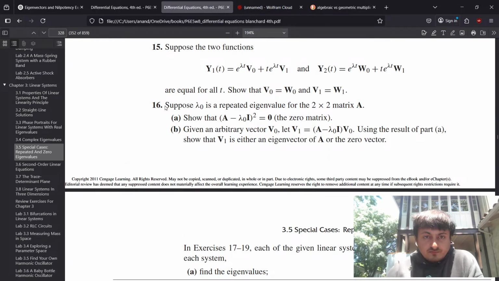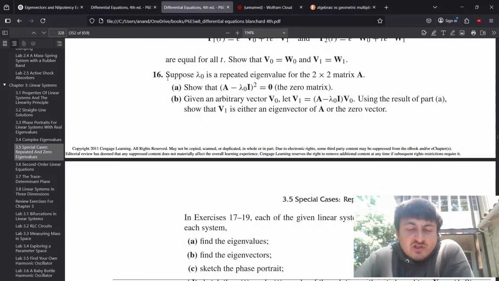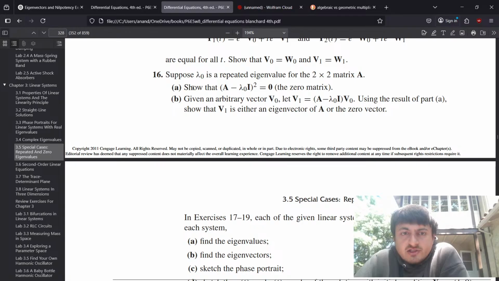All right, 16. Suppose lambda 0 is a repeated eigenvalue. Oh yeah, so we did this earlier. But it would be good to actually do that one again, because I feel like that one's really good. Given an arbitrary vector v0, let v1 equal A minus lambda 0 I v0.